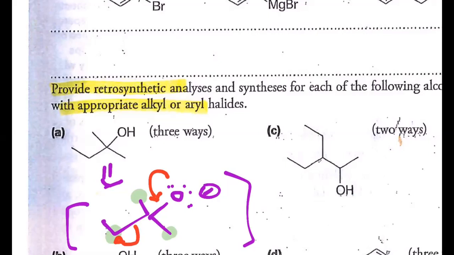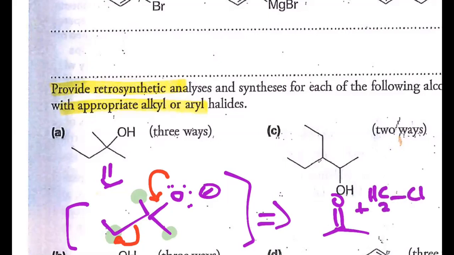So this group that I just kicked off, I have this left, plus this. I'm gonna write it out. That's a CH2CH3, and the CH2 is negative because I gave it a pair of electrons. Yes or no?